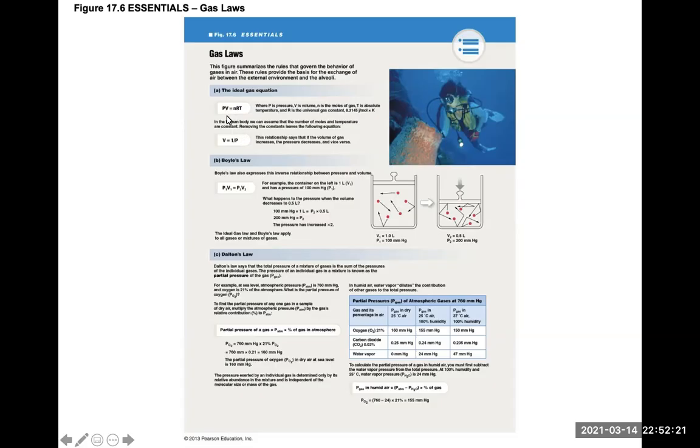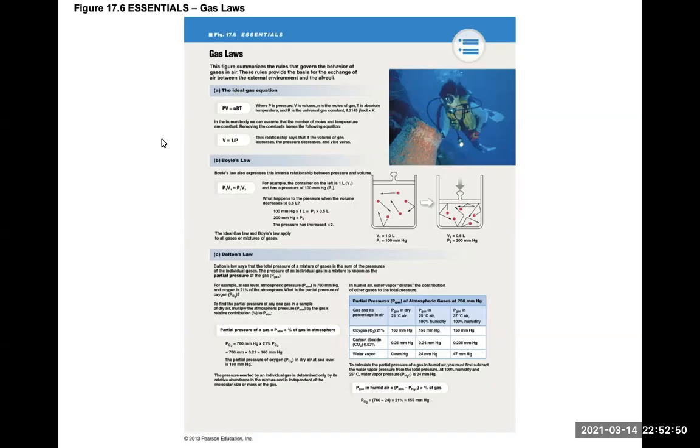To move them to opposite sides of the equation, you divide by P, and this is left as a 1 because those are constants. So it'd be 1 over P. That leaves you with this relationship: volume equals 1 over P, which tells you that if the volume of gas increases, the pressure is going to decrease. So they're inversely proportional.